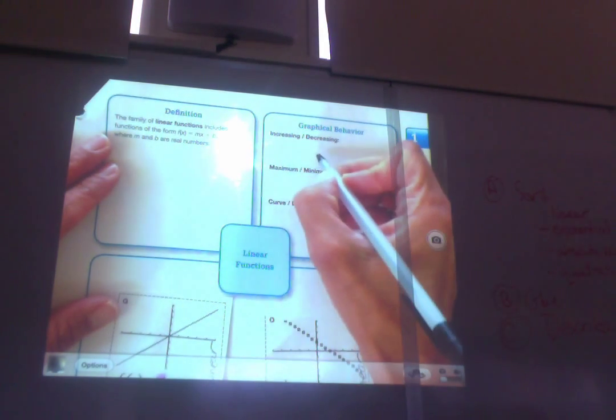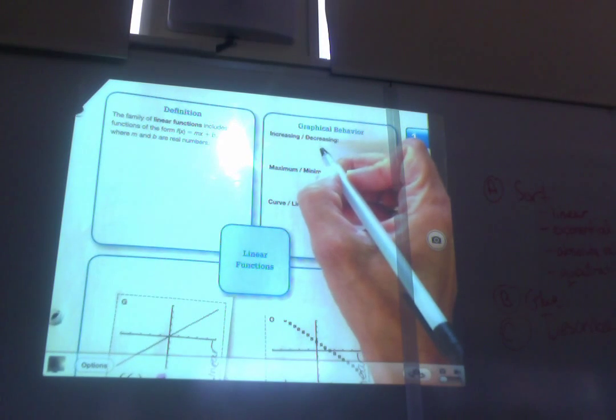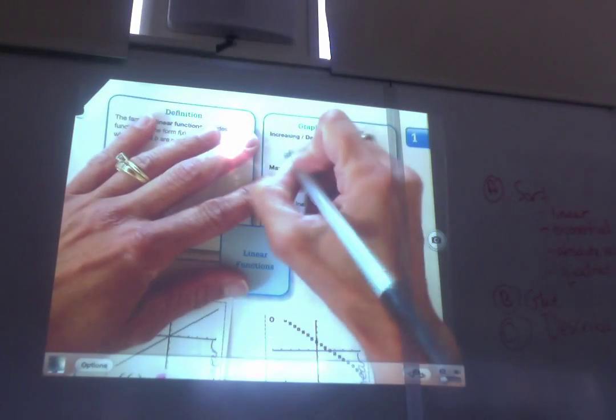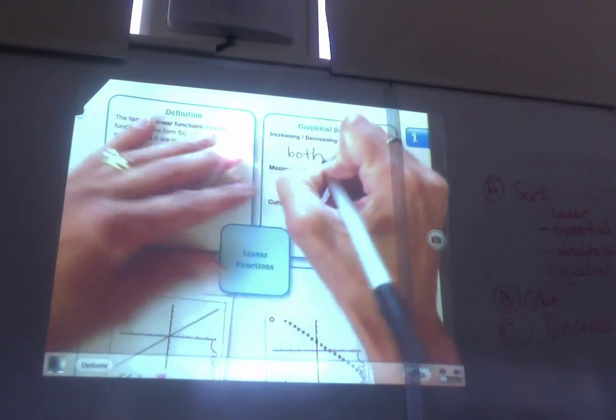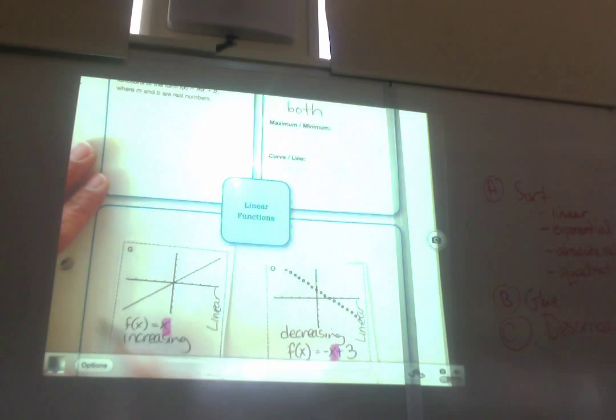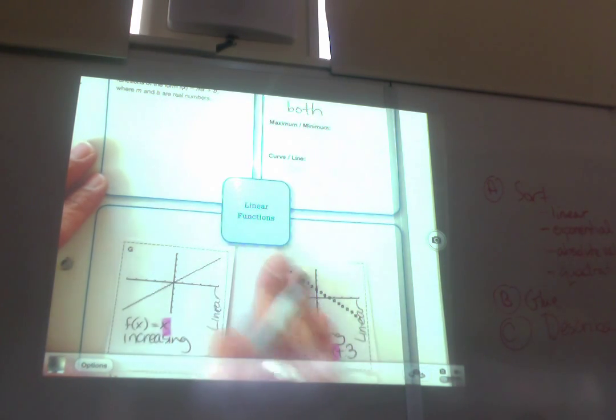Up here at top, as I'm looking at the lines, are they increasing or decreasing? Both. I have some lines going up and some going down, and you talk about that in terms of working from left to right. This is going up from left to right, this is going down.